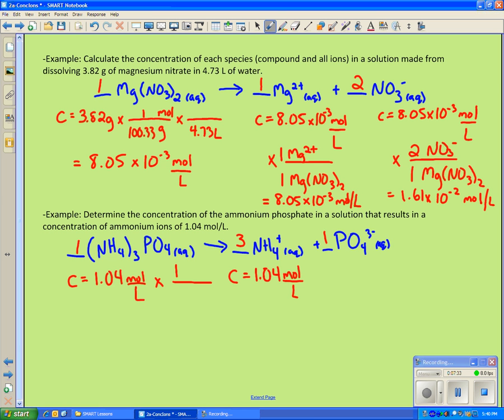So 1 of our original compound, so that's the ammonium phosphate, for every 3 of the ammonium ions that gave us the 1.04. So this time we're multiplying by 1 over 3. And the answer comes out to 0.347 moles per liter.